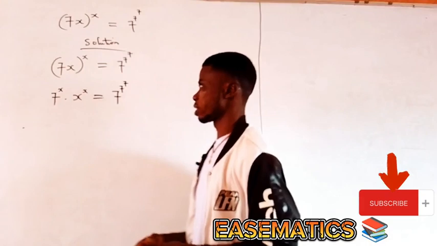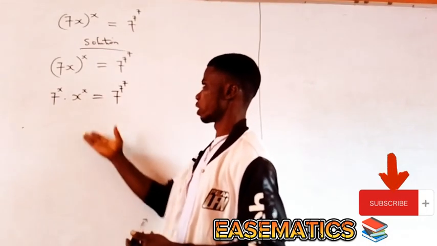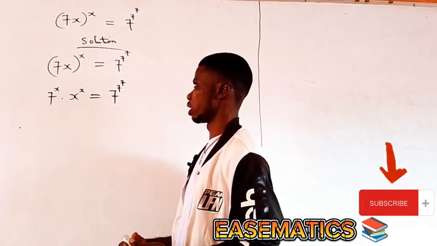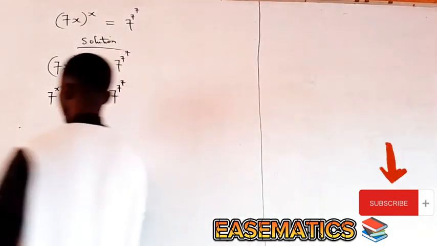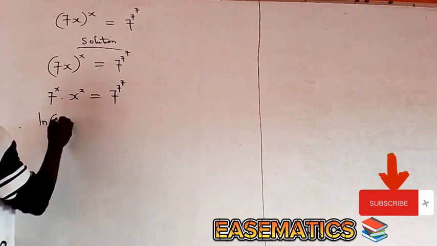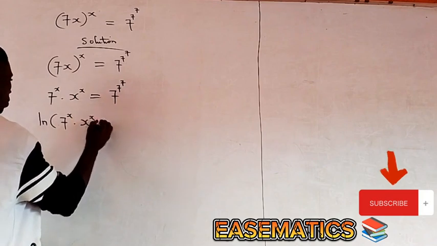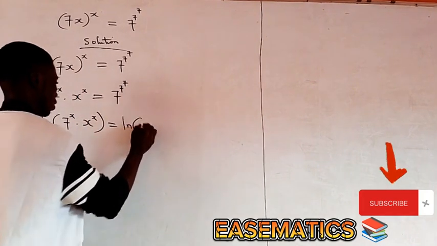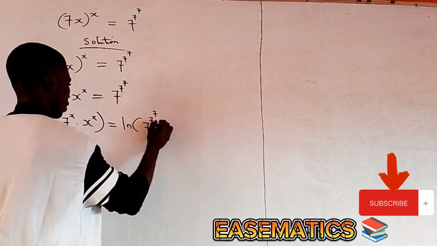Alright, what is the next step we are going to take? At this point, we are going to take the log of both sides. Yes, we are going to take the natural log of both sides, which here we are going to have ln of 7 to the power of x times x to the power of x is equal to ln 7 to the power of 7 to the power of 7.